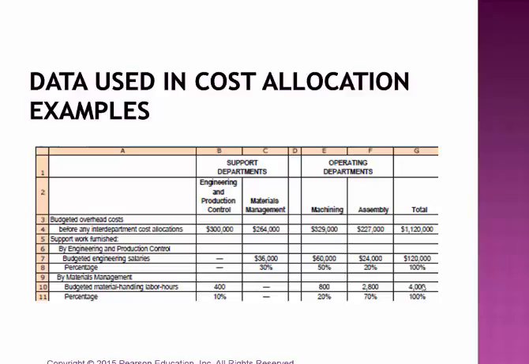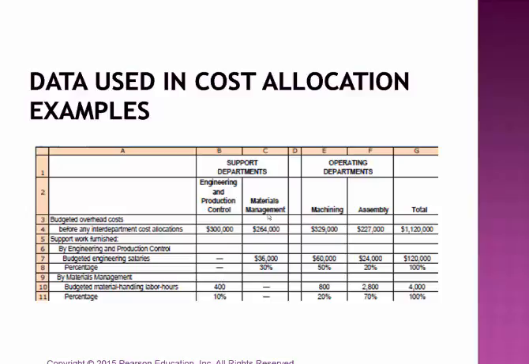But again, we are not going to take this 264,000 and divvy it up between everybody that gets touched with labor hours. We're going to skip this 400 hours of engineering and production control use.